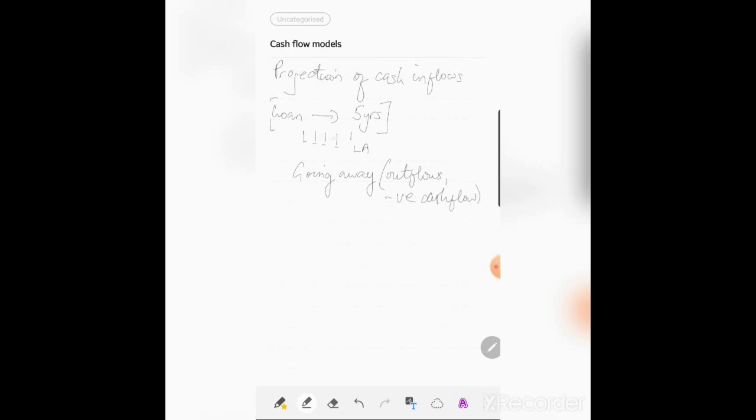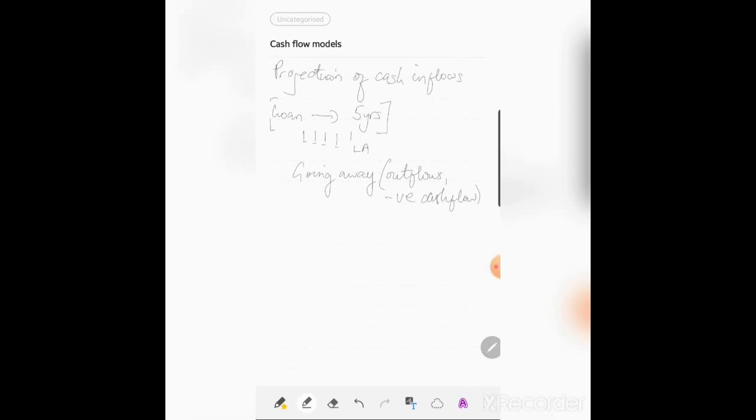At different points in time, after 1 year the person is paying some interest, and after 2 years he pays some interest. So there is some money I'm receiving in the form of interest, and probably the loan that has been given is refunded back.